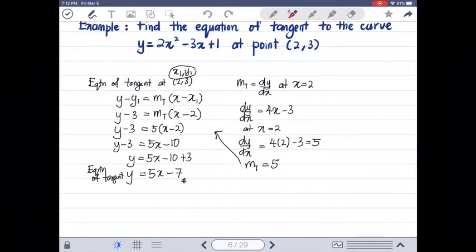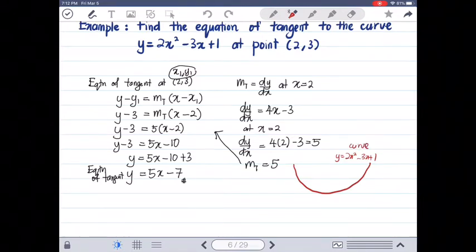Because the coefficient of x squared is positive, we should have a smile curve, and we have this as 2x squared minus 3x plus 1. Okay, this is our curve.